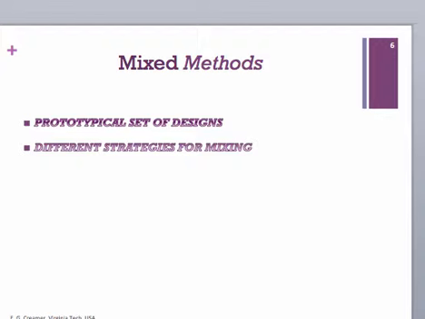Mixed methods has its own set of methods above and beyond what might occur in the distinct qualitative or quantitative strands. And I'm just going to mention two of those. A good deal of the literature is devoted to talking about different types of prototypical designs. Creswell and Plano Clark identify five.